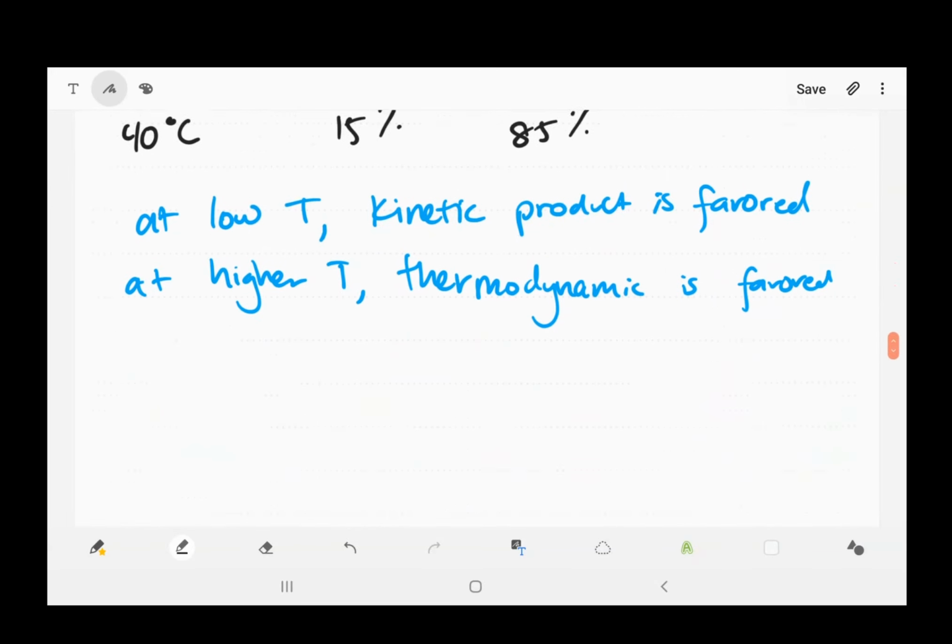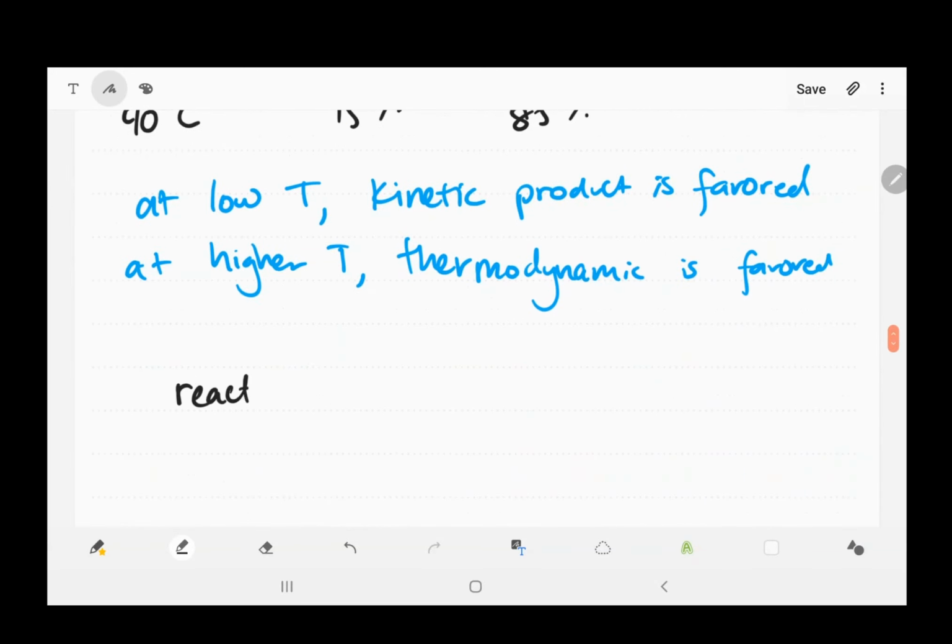Remember that if you have an exothermic reaction and you have higher temperatures, sorry, this should be equilibrium. According to Le Chatelier's principle, remember high temperatures for an exothermic reaction will push things back to reactants. Perhaps.